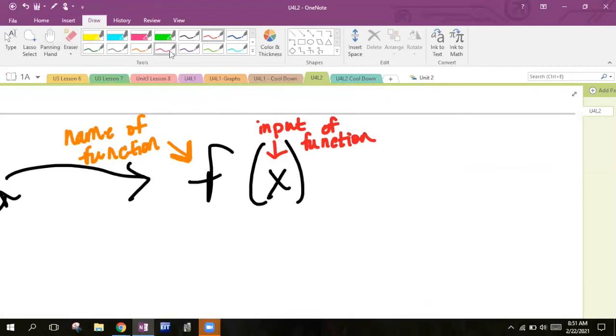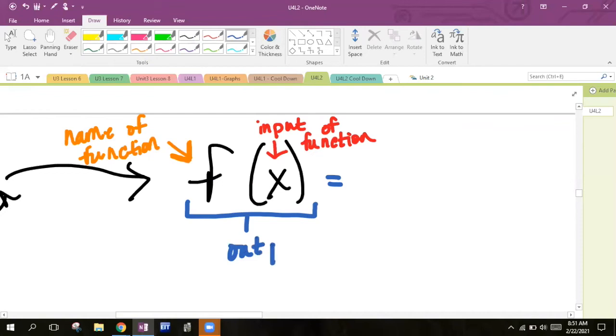The F by itself is the name, the X by itself is the input, but when we take all of that and set it equal to something else, that tells us the output of the function.